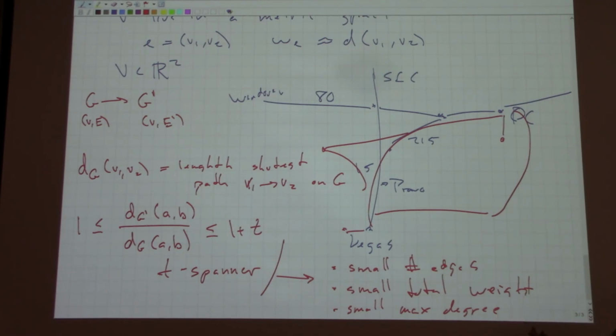So in a road network, this is probably not going to be a problem, because most intersections have 3 or 4 degree. You see some with 5, but it's rare to have larger than this. But you want the overall degree to be small.